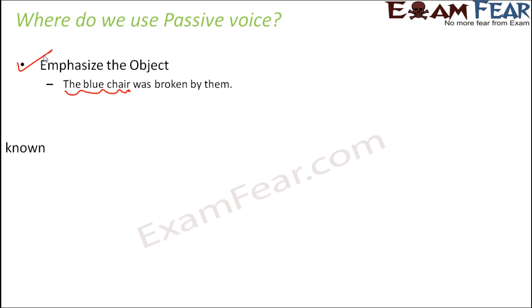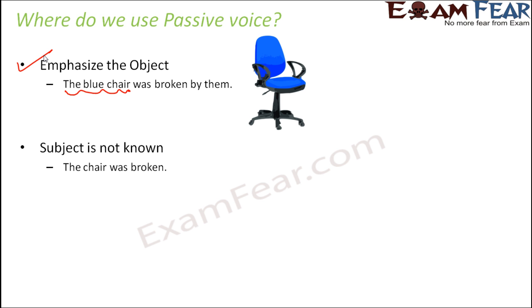The second scenario is when the subject is not known. For example, the chair was broken. Now, you do not know who broke the chair, but all you know is that someone has broken the chair. Since you do not know the subject, you do not know who exactly is the doer of the action, in that case, instead of writing someone broke the chair, it is a better way of writing that the chair was broken.